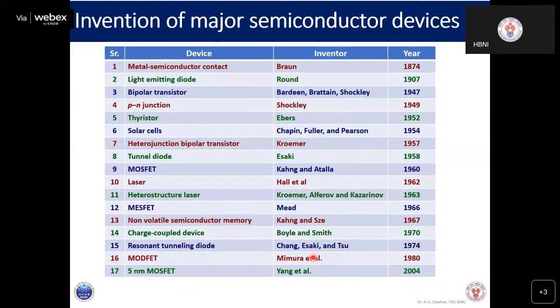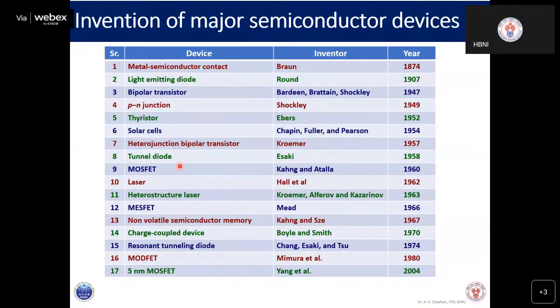These are the inventions of major semiconductor devices, which I have put one by one, like the metal semiconductor contact, then the light emitting diode and bipolar transistors in 1947. After that, there was rapid growth. This was a path-breaking invention. Then the PN junction, thyristors, then solar cells.